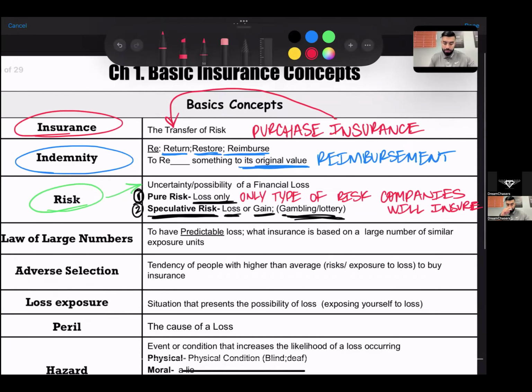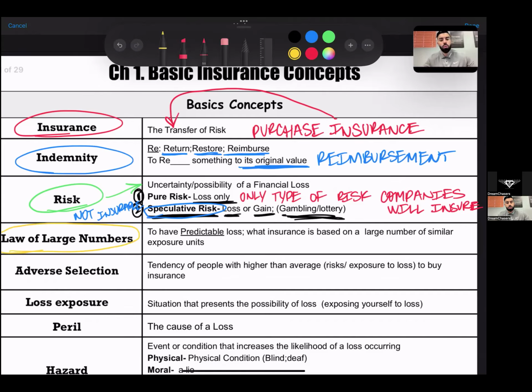So you may see a test question that asks what type of risk is insurable, or what type of risk would create an insurable event. And the correct answer would be pure risk. Speculative risk is not insurable. So companies will not insure speculative risks.